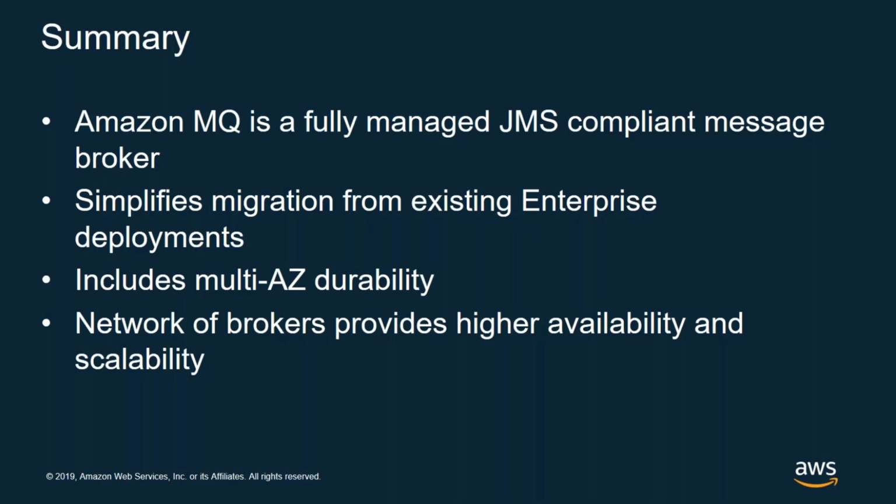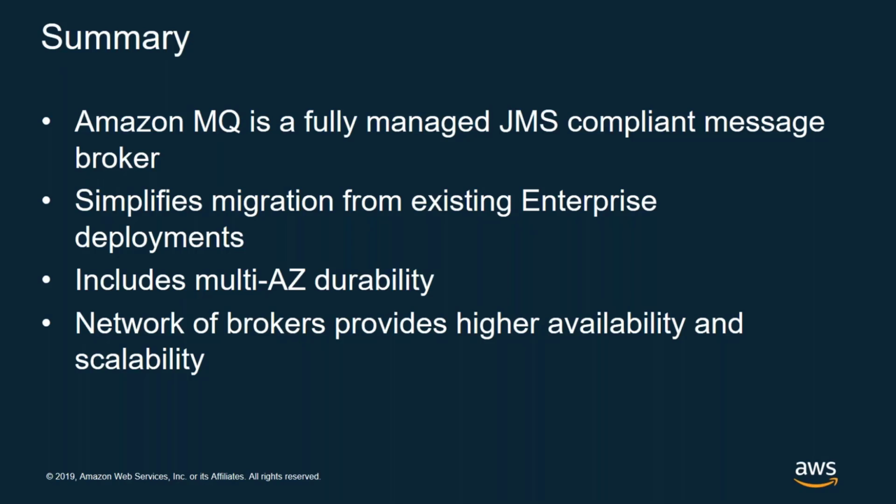So just to close out in summary, Amazon MQ is a fully managed implementation that provides a fully JMS compliant broker that you can use to manage and migrate your existing applications without rewriting code, which again, I think Sandeep emphasized a lot.